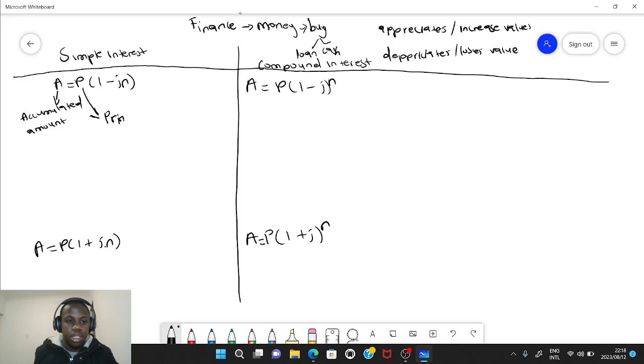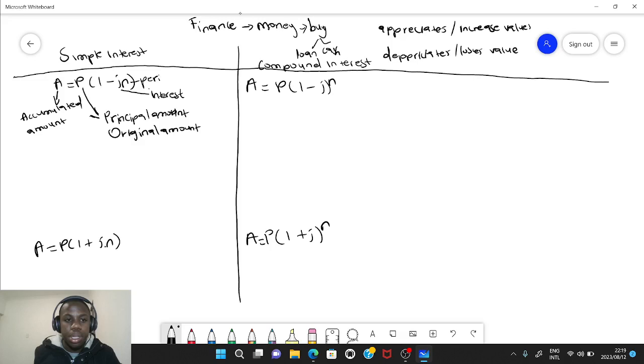A is known as the accumulated amount, P is known as the principal amount or the original amount. Here's our I being our interest. I is the interest and N is the period. Like I said, N is the period. I never said N is the number of years. I said N is the period, right?